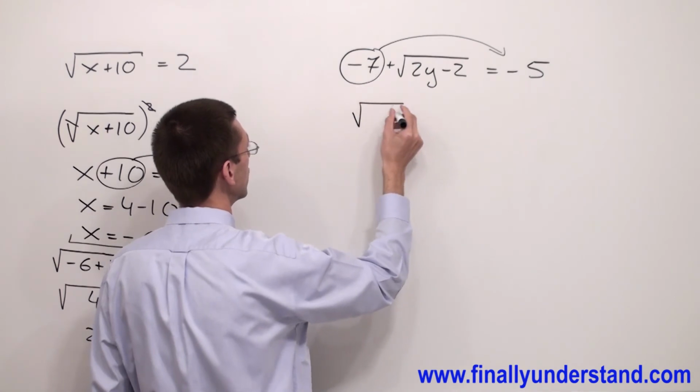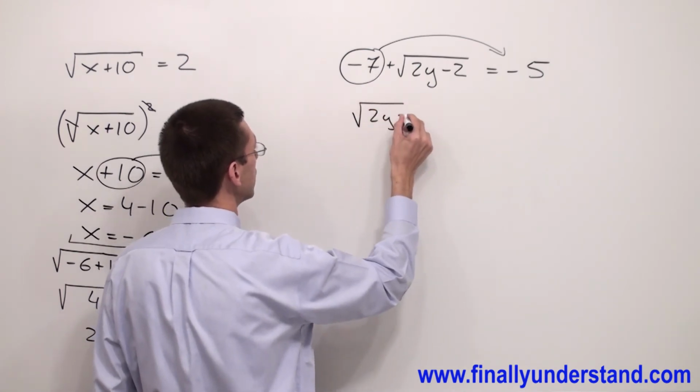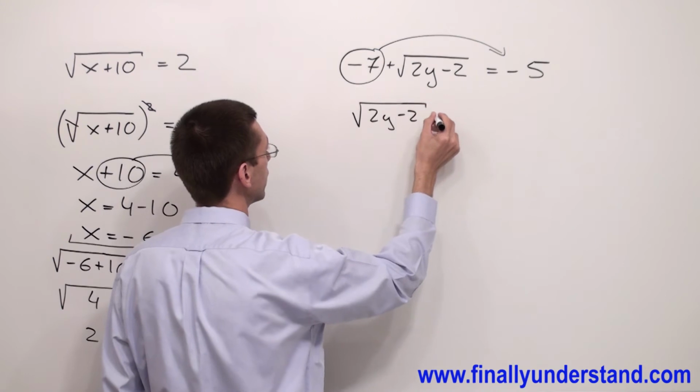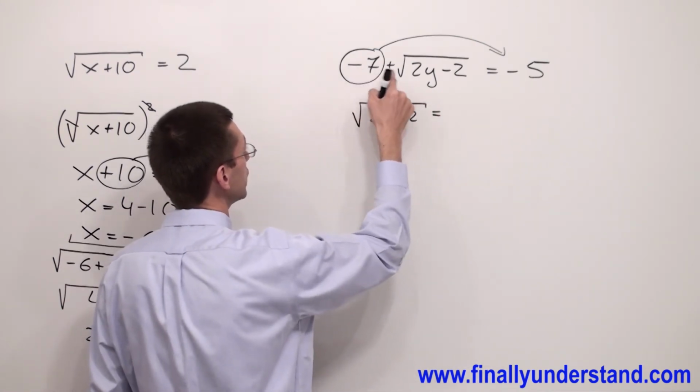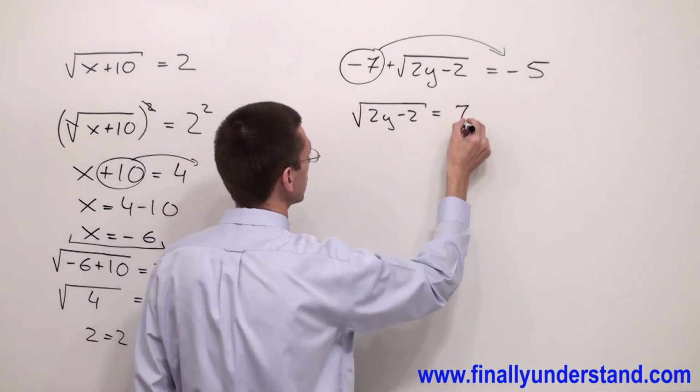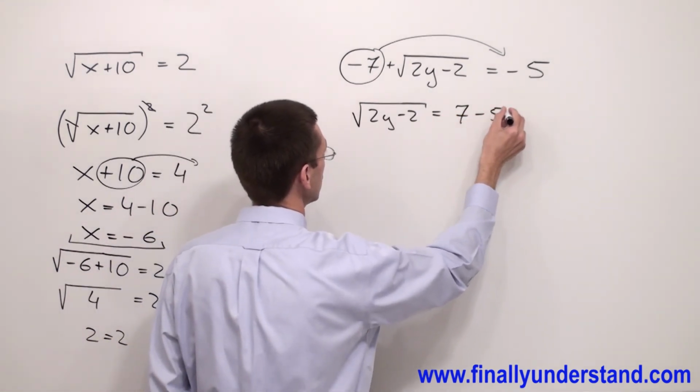So I have square root of 2y minus 2 equals, negative sign has to be changed to positive, 7 minus 5.